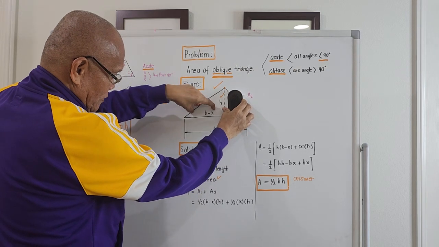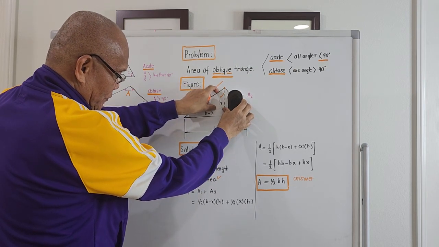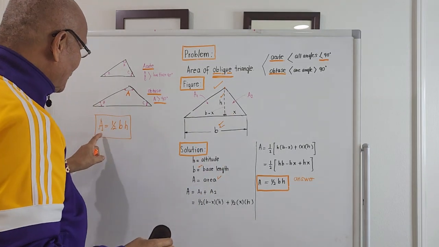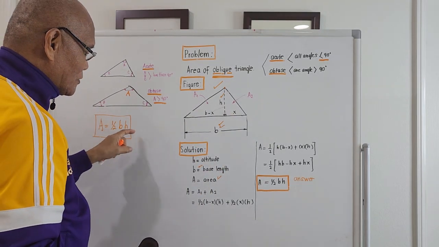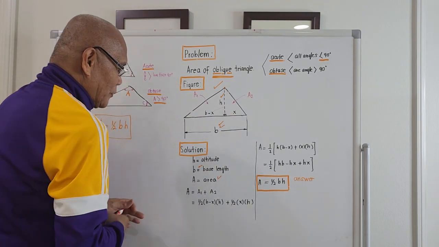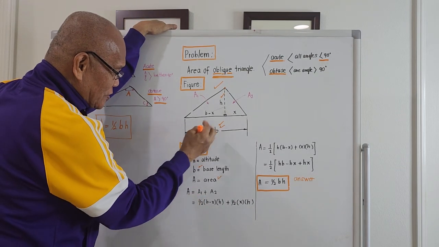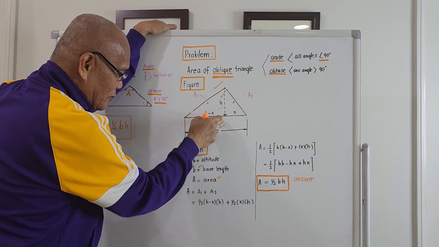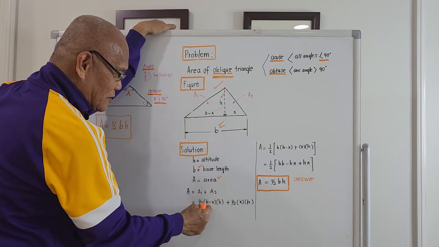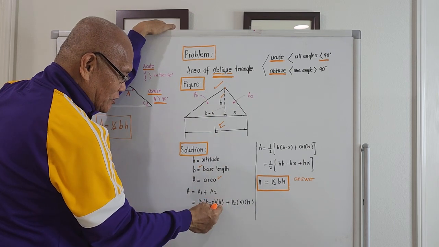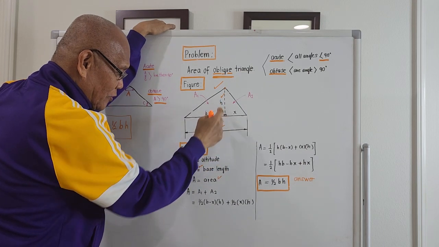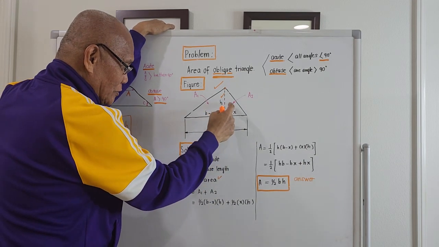So this should be the base, and this is the height. By using our knowledge of the area of a right triangle, that is 1/2 of the base times height, area 1 will be 1/2 times its base, considering the length, which is b minus x, and its altitude is h. Plus area 2.